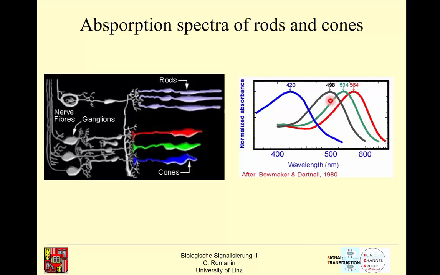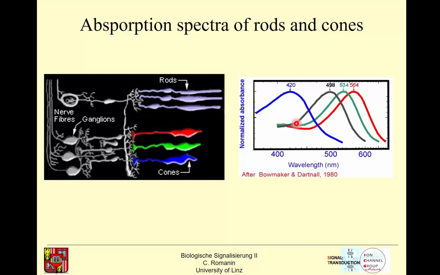And we have three different sorts of cones, one for each color: one for red, which has the longest wavelengths, in between one specialized for green, and the blue, which has the shortest wavelengths, with a maximum of about 420 nanometers.